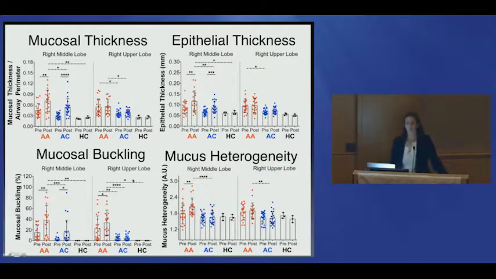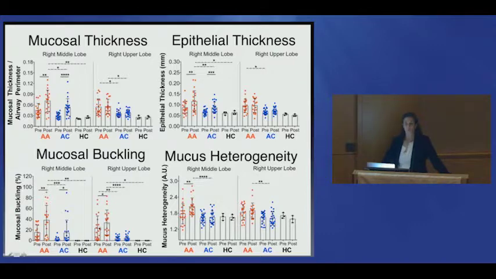What was interesting was when we looked at the mucosal buckling, that essentially is looking at a consequence of the smooth muscle contracting. And we can see that, yes, the allergic controls did have an increase in mucosal buckling in response to the allergen, but we also saw that increase in mucosal buckling in the allergic asthmatics just from doing the bronchoscopy, just from having the diluent.